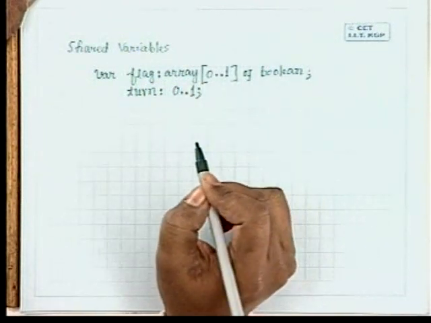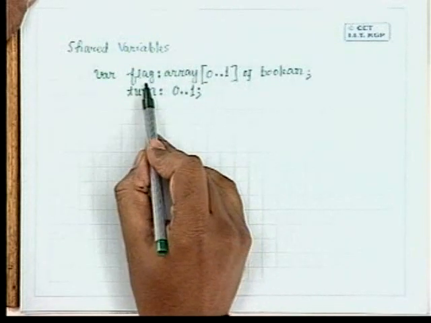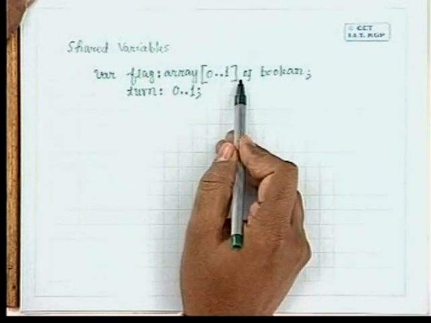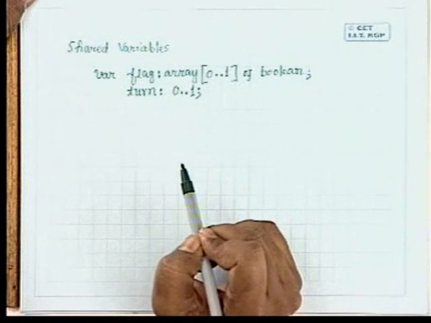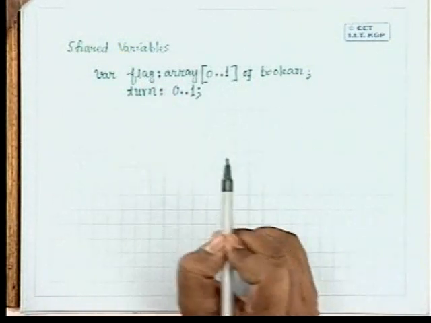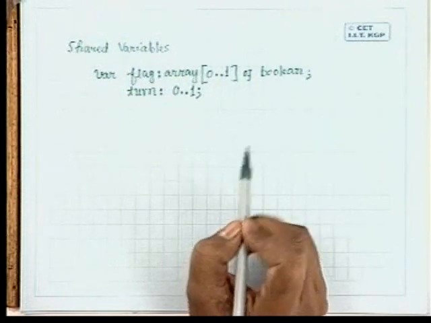Initially all the elements of flag are reset to false. Turn can have any value, either 0 or 1.